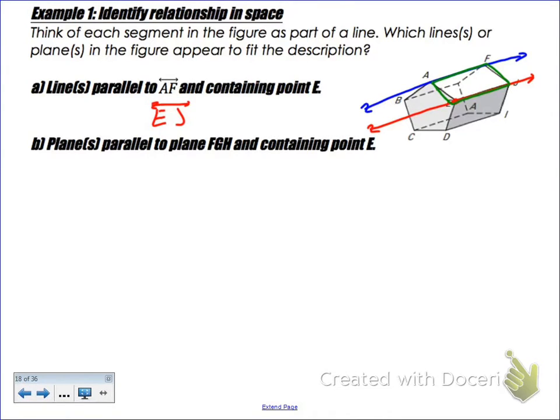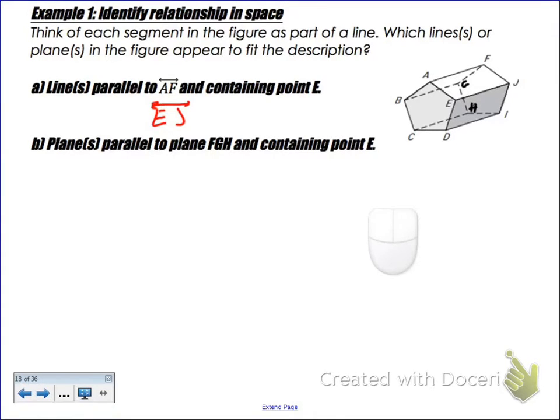The next question asks us to find a plane or planes parallel to plane FGH containing point E. Now the pentagon in the back here is plane FGH. In order to name a plane, we only need 3 letters. You've got G, which I added in here because it wasn't on your notes, right here.